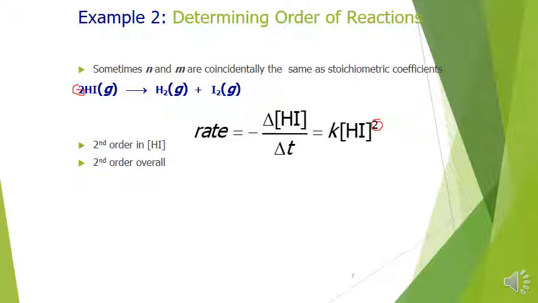You can't figure out this value by looking at the coefficient. The reason we tell you that is because when we get to equilibrium, the opposite is going to be true. If you know the coefficient, you will know the exponent that's related to it. But don't worry about that. This value here, you need to find experimentally.